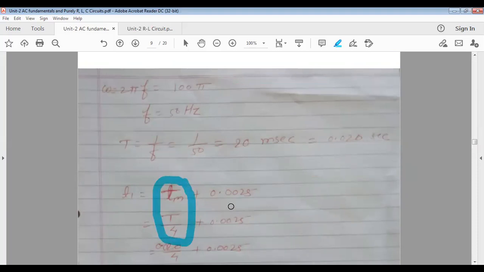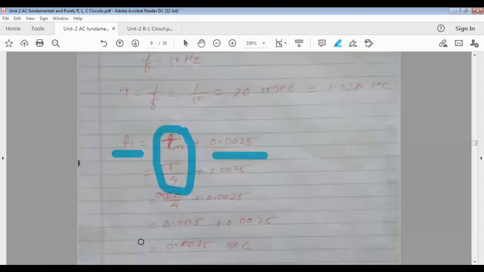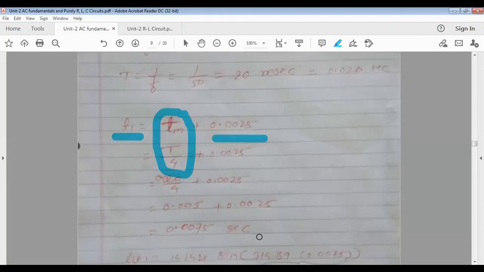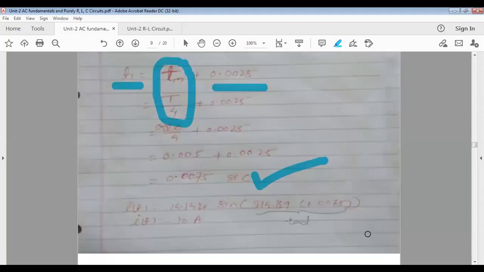And plus 0.0025 is the required time, whatever we want. So 0.020 divided by 4 plus 0.0025, you will get 0.0075 second. And put here in this equation the value of t. I of t is equal to Im sin of omega t, whatever we have calculated.